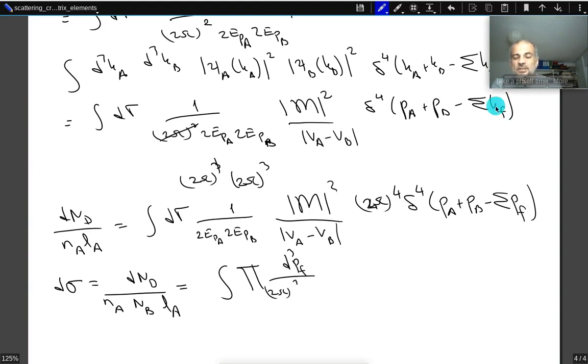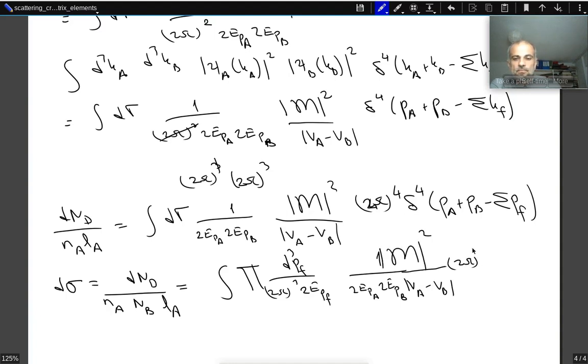Well, here kf was the final state particle momentum, but since I'm using the pa and pb to be the average approximate values, I just converted the notation to pf, divided by 2E, the energy corresponding to that particle, times 1 over 2E_pa, 2E_pb, divided by |va minus vb|, times M squared times (2π)^4 Dirac delta to the 4, pa plus pb minus pf.